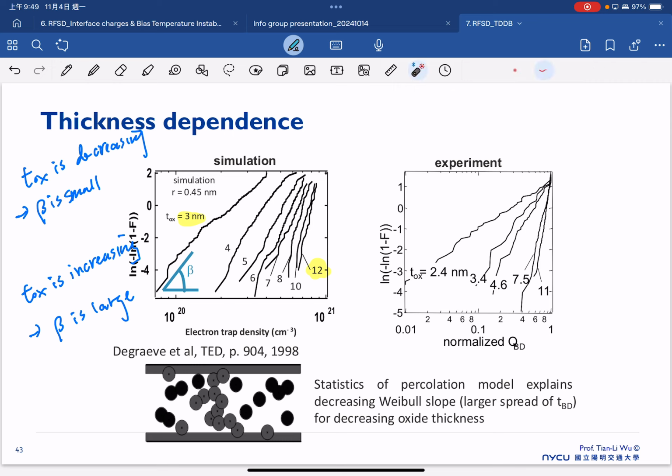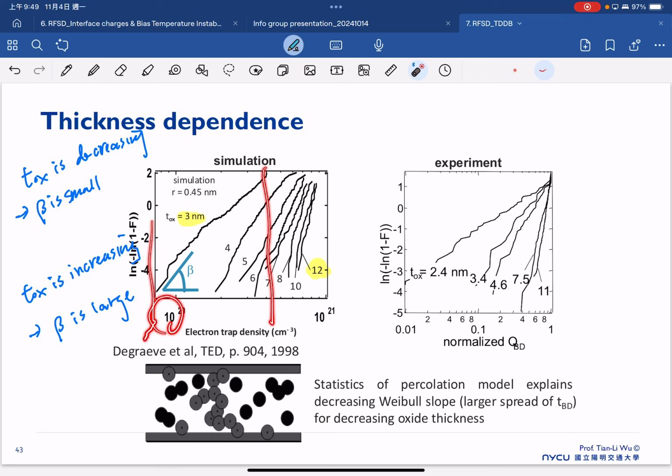If we have a larger beta here, that means all of our TBD are more or less uniformly distributed in this small time scale. But if we have a small beta, that means our TBD are widely distributed from this to this.